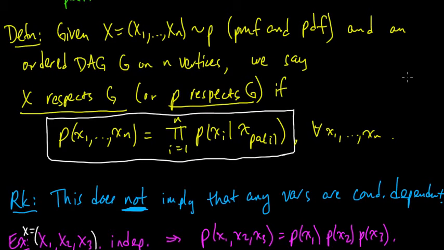We would say that the vector, in this case x, y, and z, respects G, or their joint distribution respects G, if the joint factors in this way. And here, each variable will be a vector-valued quantity. So it would be the probability of x given whatever its parents were.